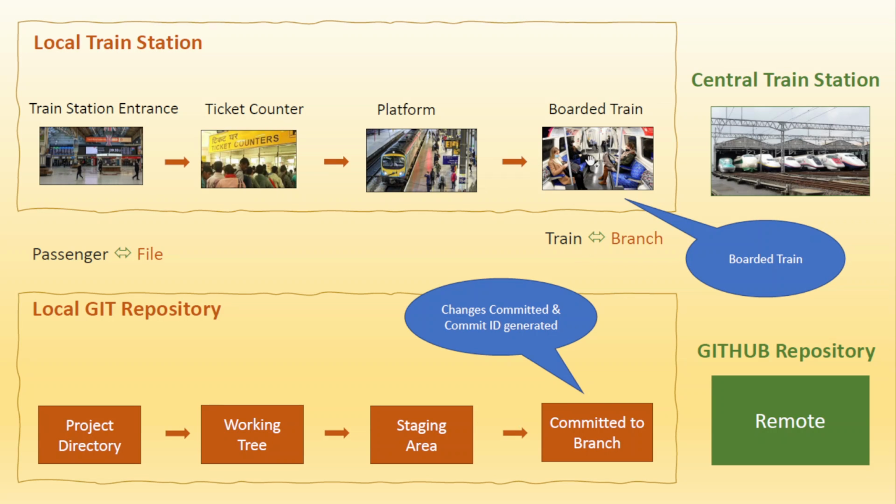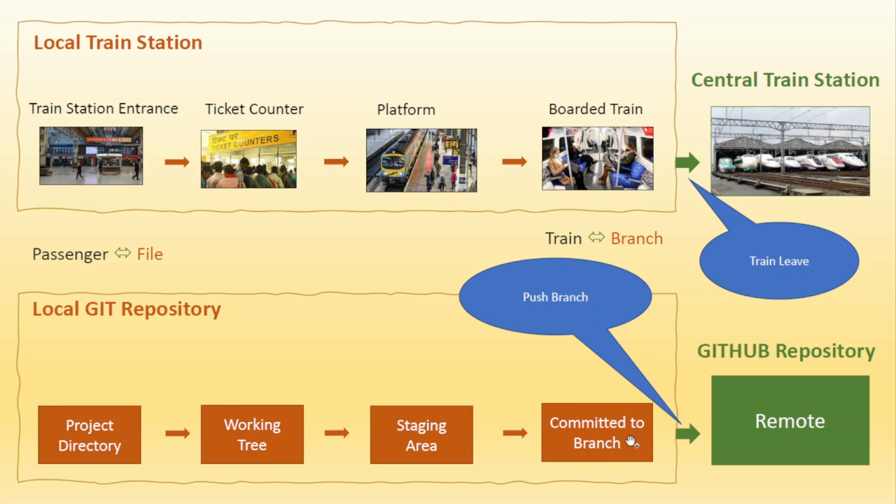Now you have boarded the train, and similarly at this stage you have committed your changes or your files into the branch, and from there your train leaves. Similarly, you push your changes or push your branch from your local machine to the remote repository.